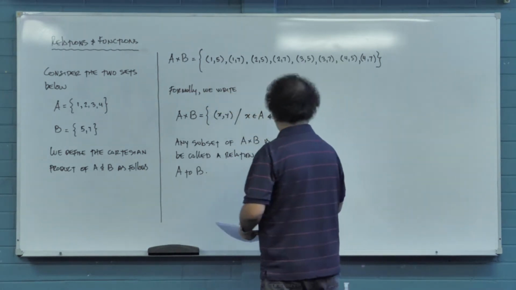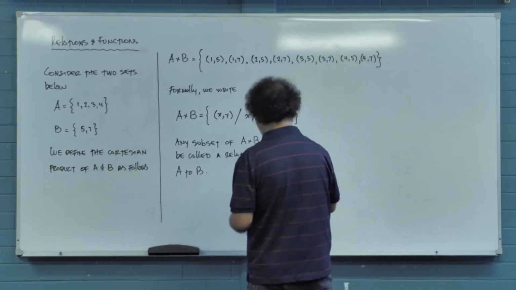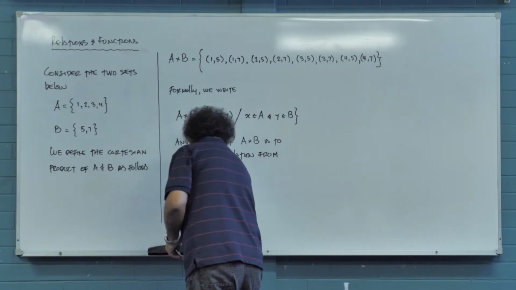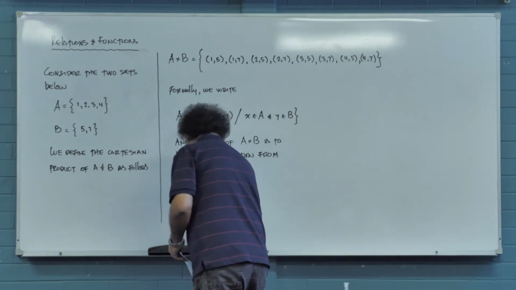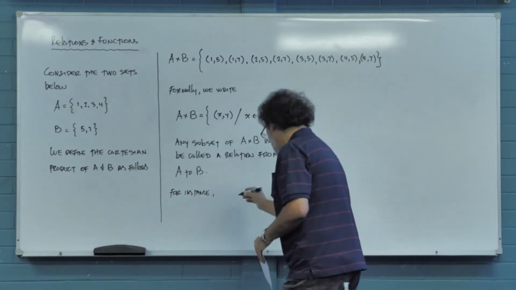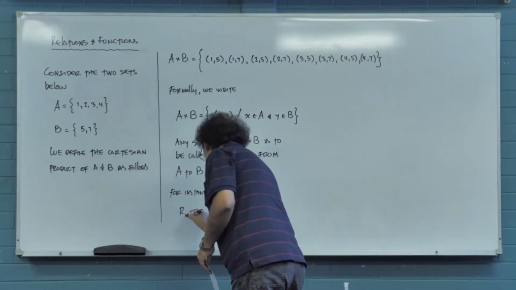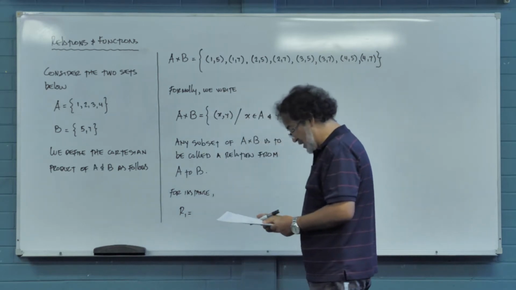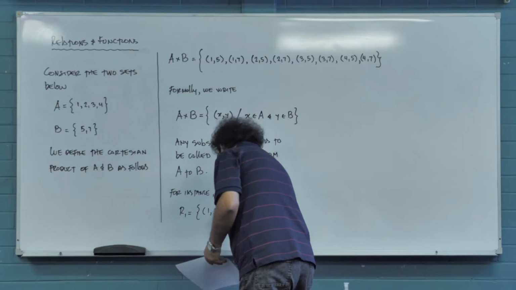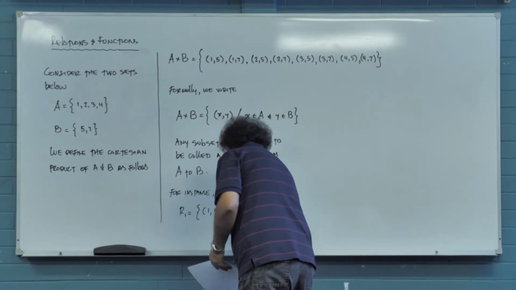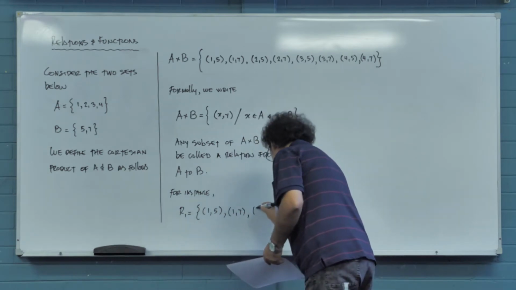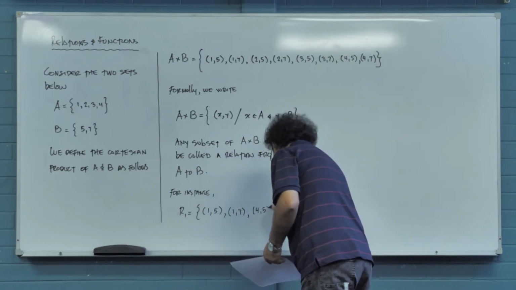So for example, let's say one of those relations, I'm going to call R1, is (1,5), (1,7), and (4,5).